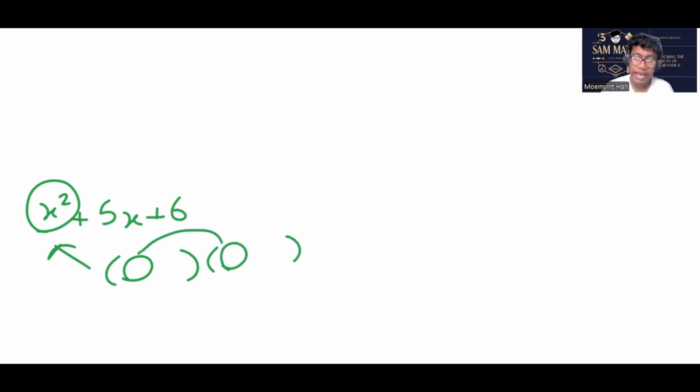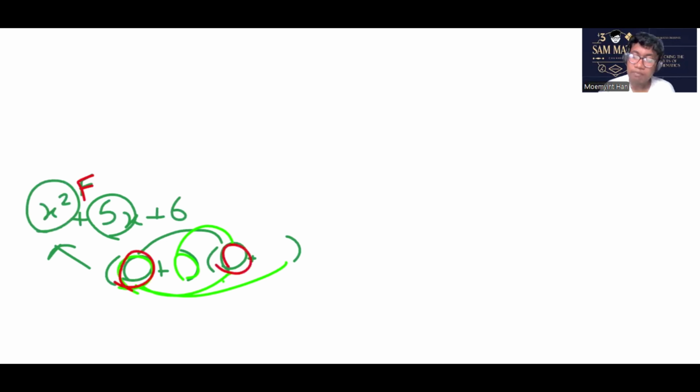It may have a different coefficient, like 2x or 3x, but it doesn't really matter. The first part comes from F, the product of the first terms. The second part comes from O plus I.